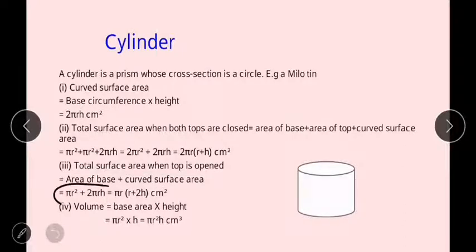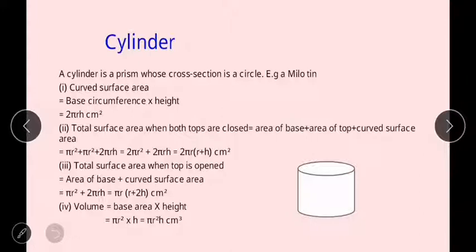Look at the two families. What is common? Pi r is common. Thank you. Bring it out. Write the remaining entity into the bracket. And then don't forget your units. Are we together? That is the formula to calculate its surface area when one top is opened.